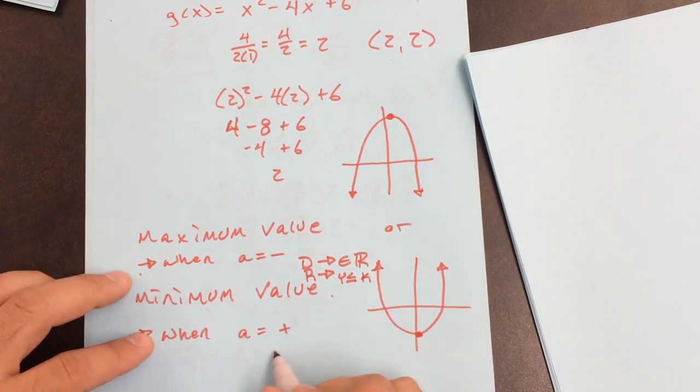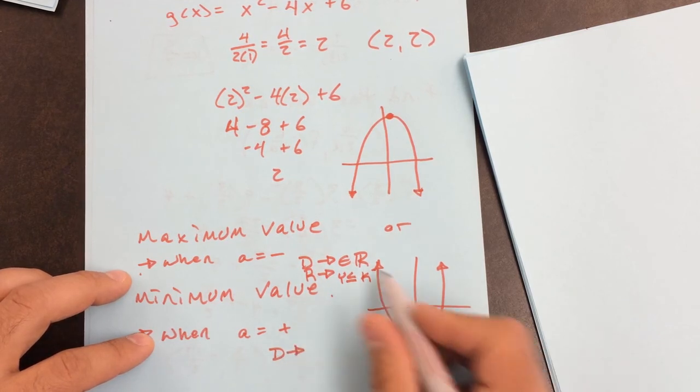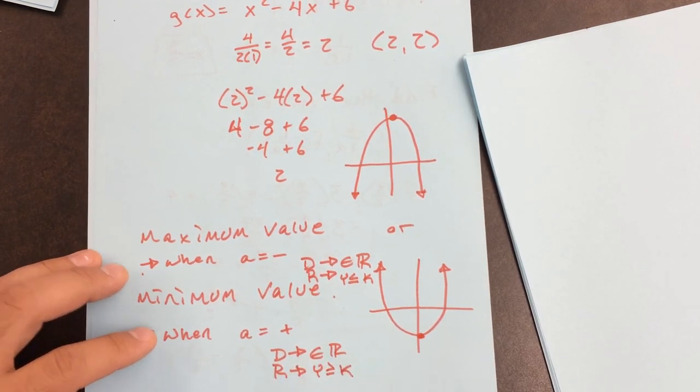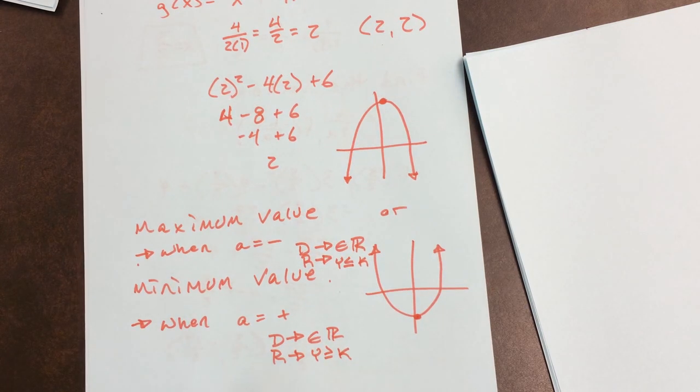For this one, your domain is still the set of all real numbers, but your range is y is greater than or equal to whatever the value is at k. And that's it. That's all you're really looking for there. So, pretty simple.